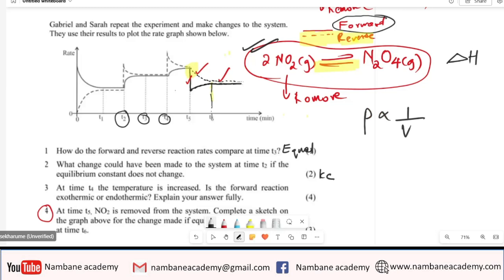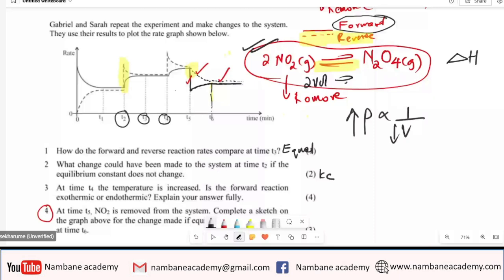So now there's an increase. Once you see the sharp graph, this is an increase in pressure. With an increase in pressure, I'm going to favor the side with fewer moles. So I'll have 2 volumes on this side and 1 volume on that side.